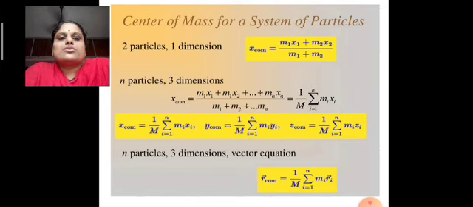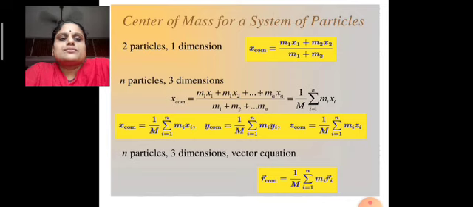Suppose the particle is only lying along the x-axis, then the x-coordinate of the center of mass point is given by 1 by M summation i equals 1 to n of mixi. Y-coordinate of the center of mass is given by 1 by M sigma i equals 1 to n of miyi.